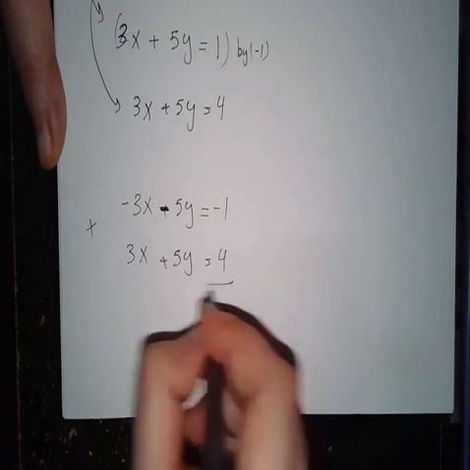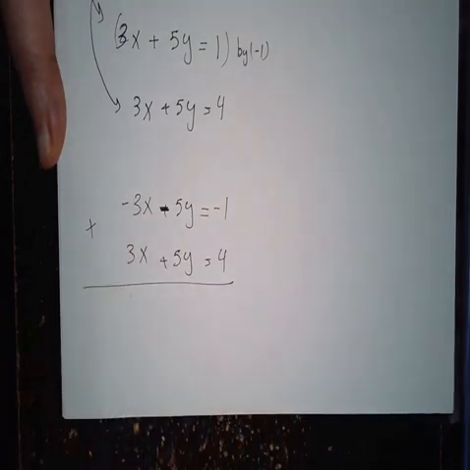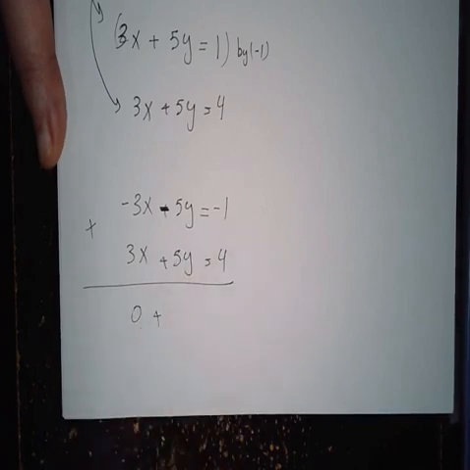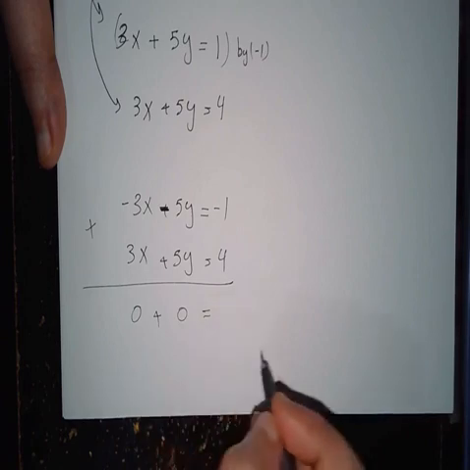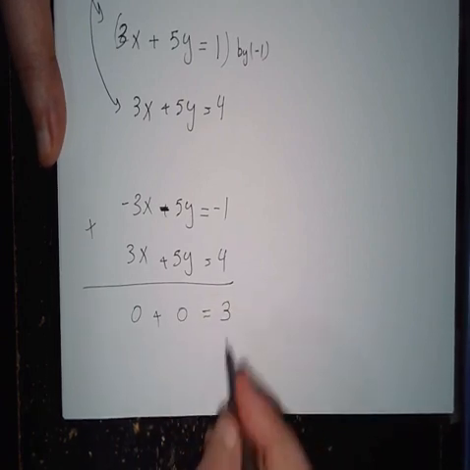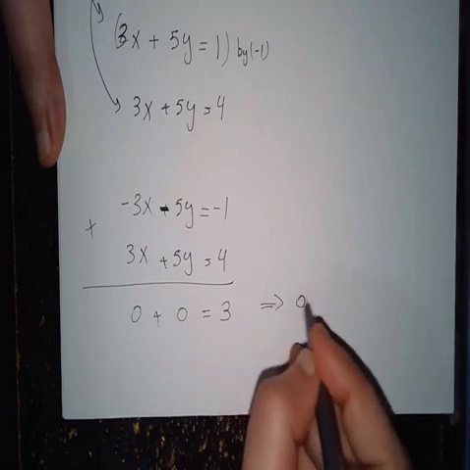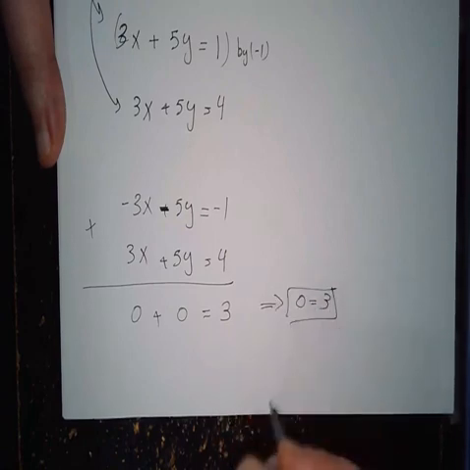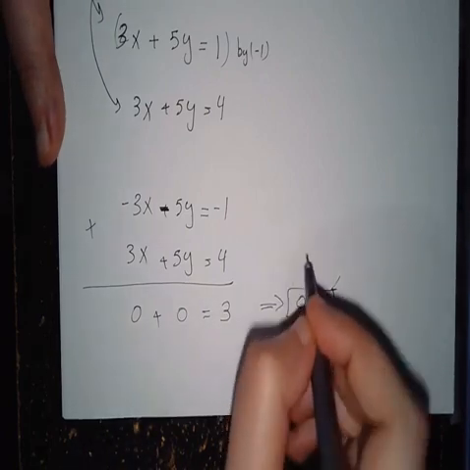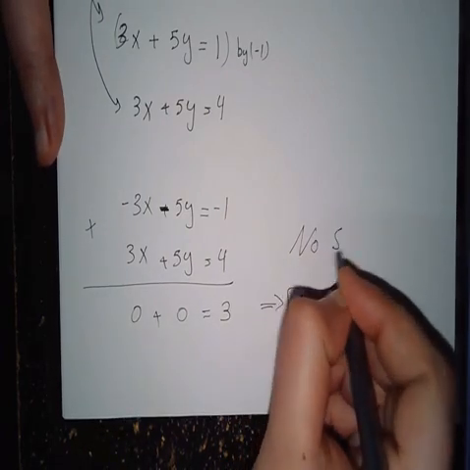And I'm adding. Okay, -3x plus positive 3x, 0, plus -5y plus positive 5y. Another 0, and it equals -1 plus 4, 3. So I'm basically saying that 0 is 3. Yep, doesn't make sense. So this is inconsistent, and there is no solution.